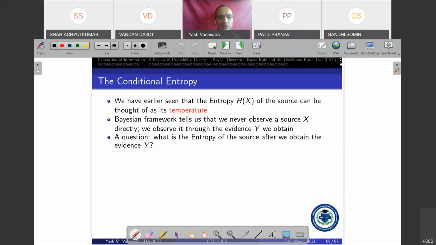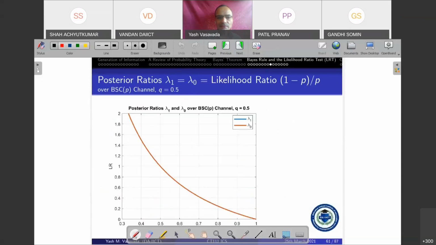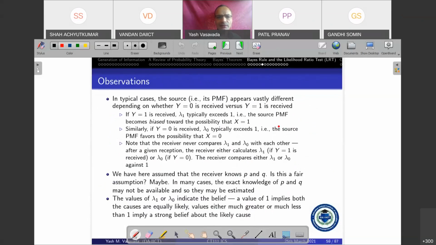And the way I would like you to think about it is, remember that we had mentioned this last time. This was one of the observations that we had, that the source, or specifically the PMF of the source, ends up being very different, whether we get y equal to 1 or y equal to 0.